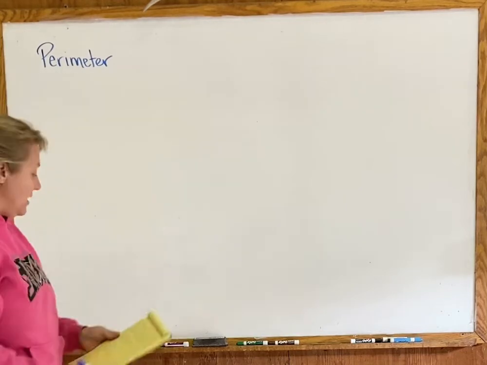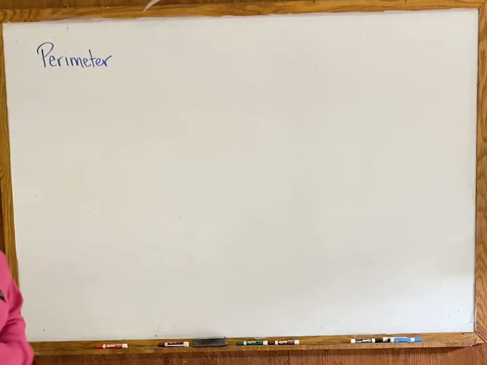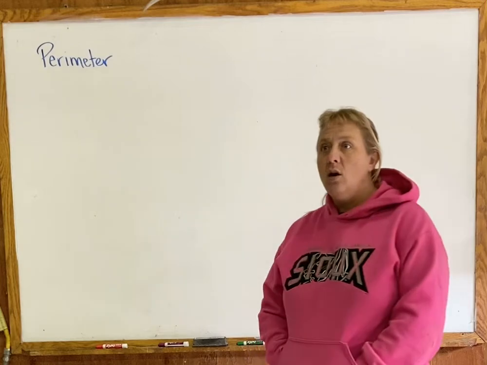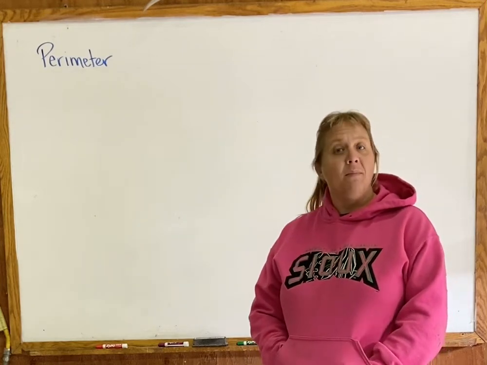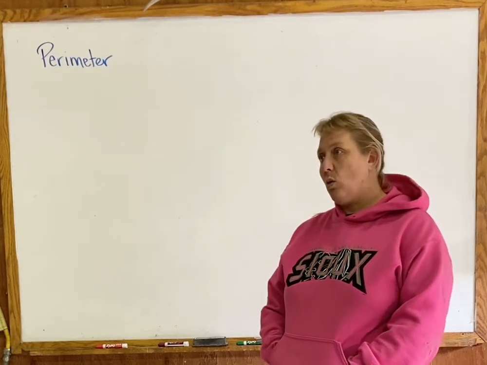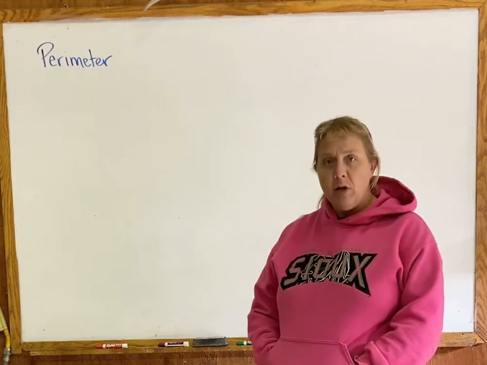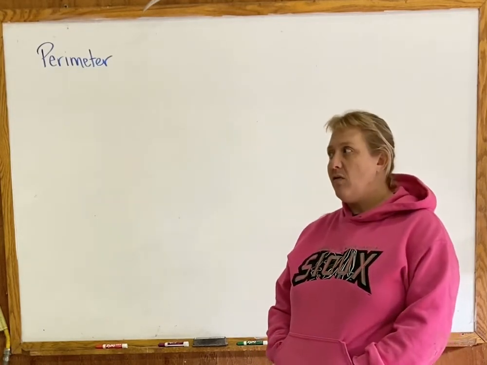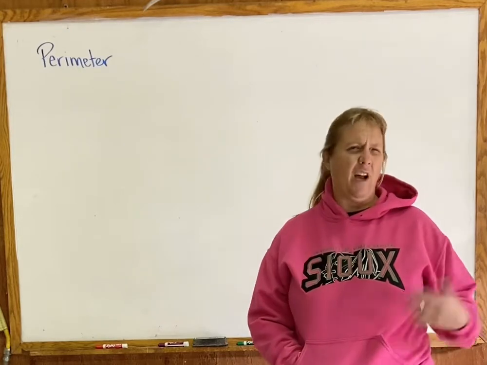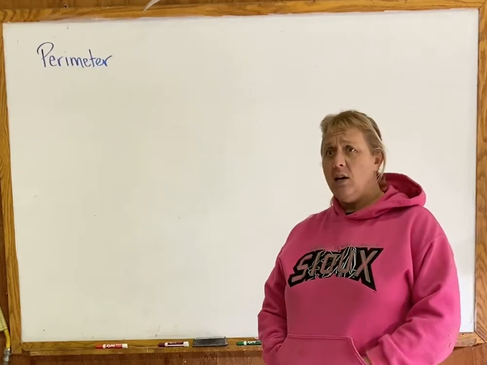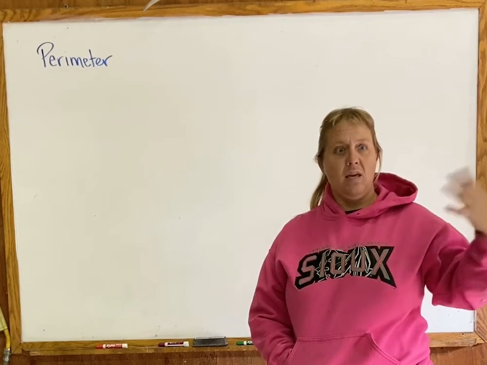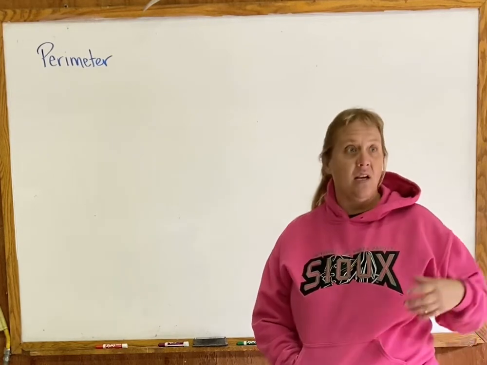Okay, so we need to look at perimeter. So now we're into the section where we're looking at geometric shapes. So we're gonna look at perimeter, area, volume, capacity. And the thing about this is, even though you might go, oh gosh, I'm never gonna use this, we all eat things out of cans.